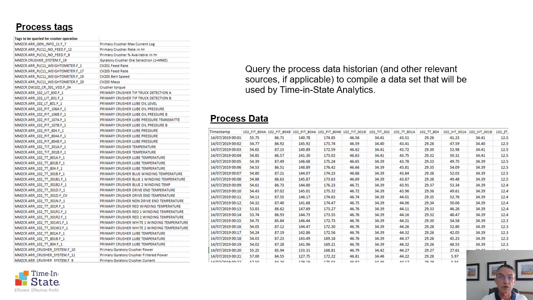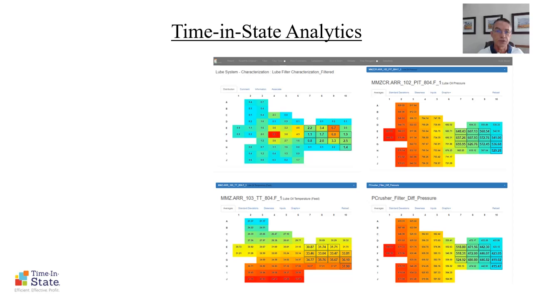that we will be evaluating for the gyratory crusher. After extracting the data from the process historian, this is where the data is imported into the TimeinState environment, and we will use it first of all for the analytics. On the right-hand side of the screen, you see a typical layout of the maps that we generate. Those maps are a visual representation of variable interrelationships.